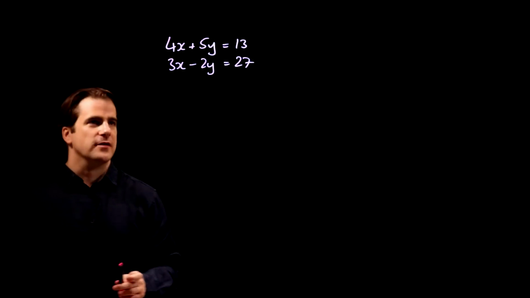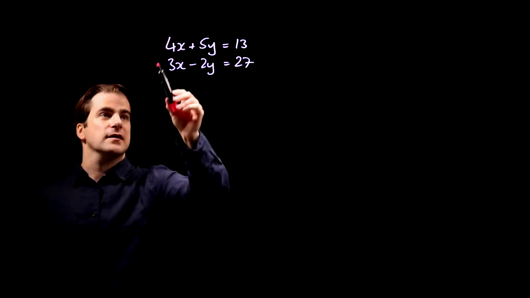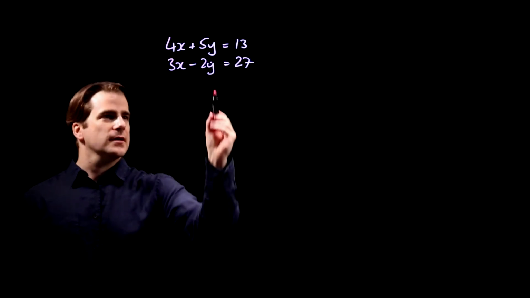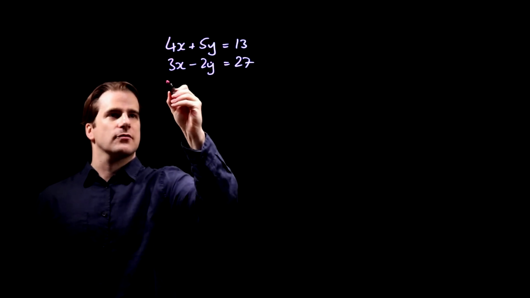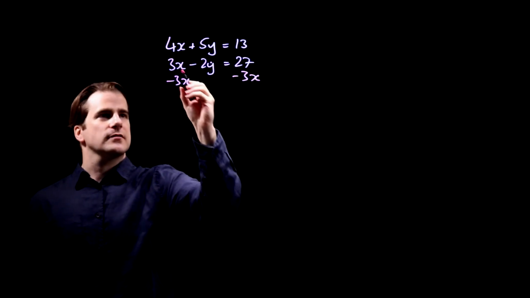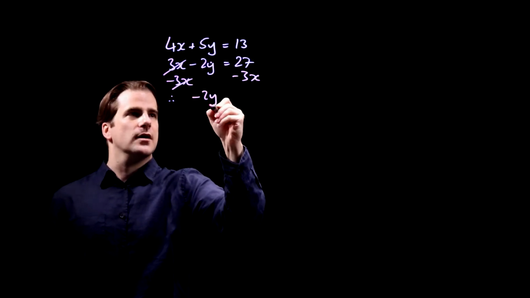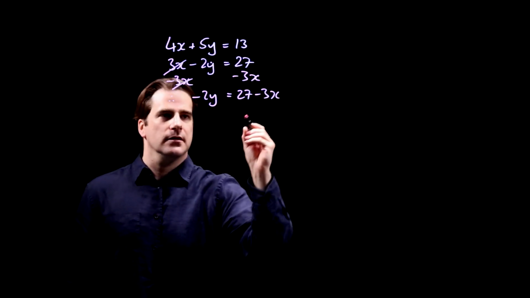Okay, substitution method, and this time we're not going to isolate that x, let's isolate this y. So, got this equation, we want to isolate that y, so let's take 3x over there by subtracting 3x on both sides, and we get minus 2y is 27 minus 3x.